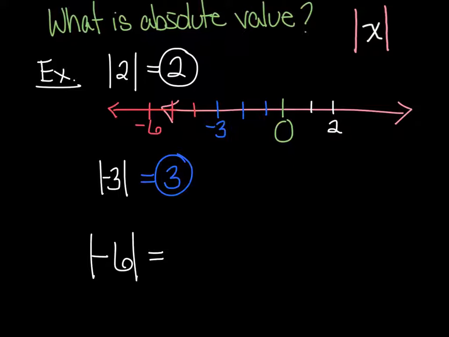We would again count 1, 2, 3, 4, 5, 6 spaces from 0. Notice here, here, and here, all of our answers are positive. So your absolute value is basically just taking the positive version of the number. That's all it is.